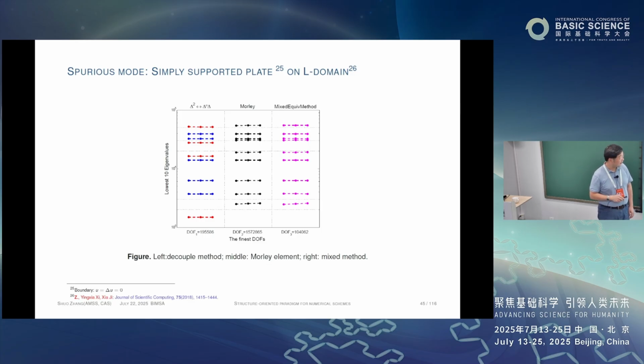So these red ones are spurious. They are spurious modes. It's not good if the method does not converge, but it is even worse if it converges to the wrong solution. It converges, but the solution is wrong. So we have to pay attention to a good mixed formulation.